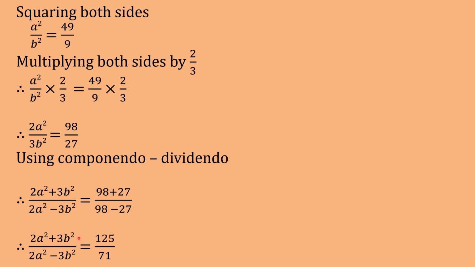Now let's write down: therefore 2a square plus 3b square upon 2a square minus 3b square equal to 98 plus 27, which is 125, upon 98 minus 27, which is 71. So this is our answer. Further we cannot simplify. Therefore 2a square plus 3b square upon 2a square minus 3b square equal to 125 is to 71.